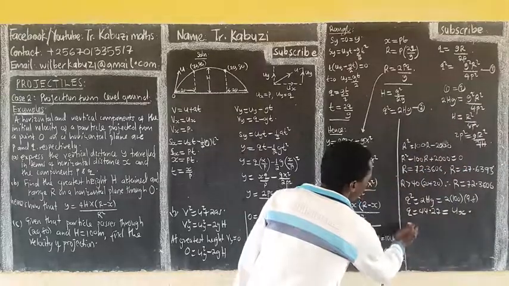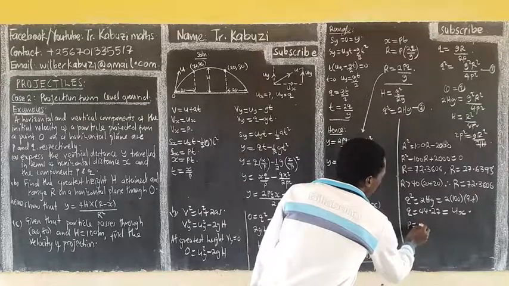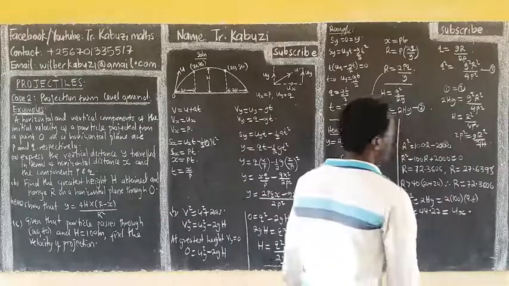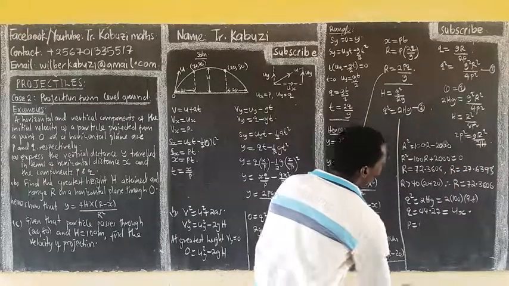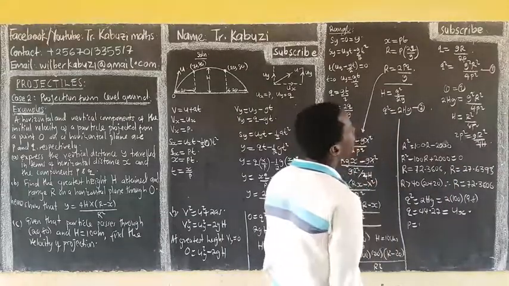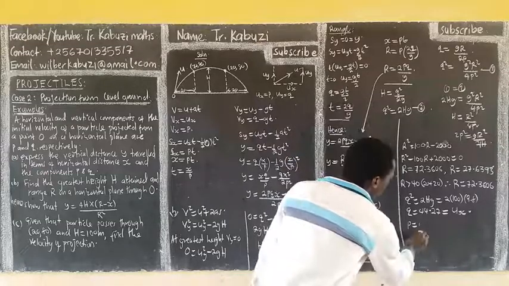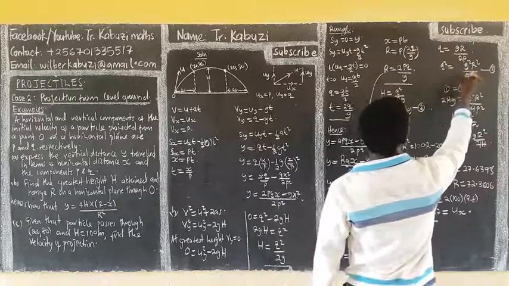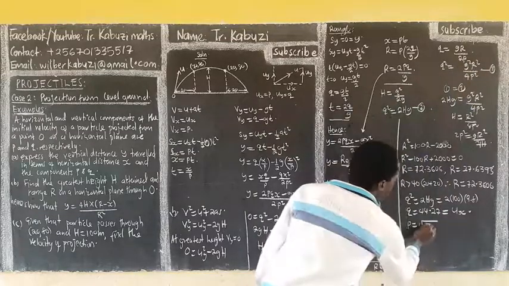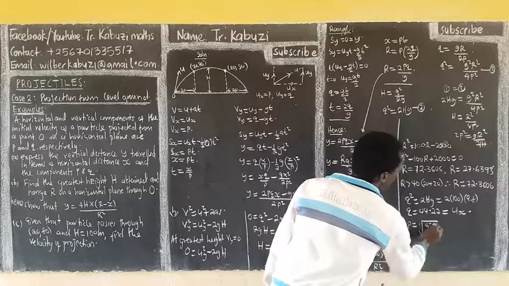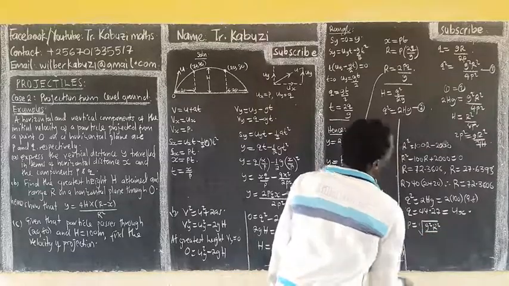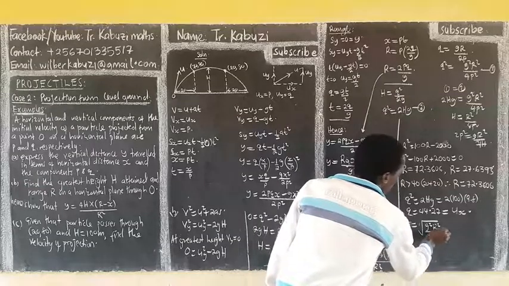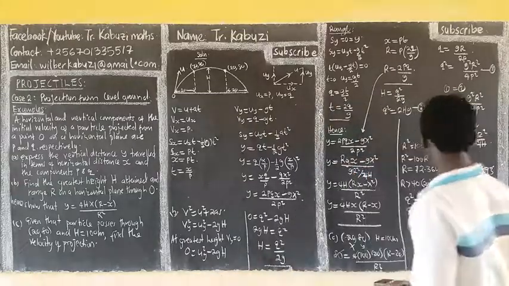Our P is going to be equal to the square root of, when I multiply here, g squared r squared over 4 Q squared.